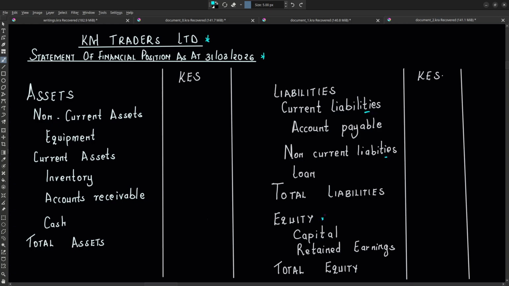So we usually have three main breakdowns: the assets, the liabilities, and equity. So let us look at the balances.